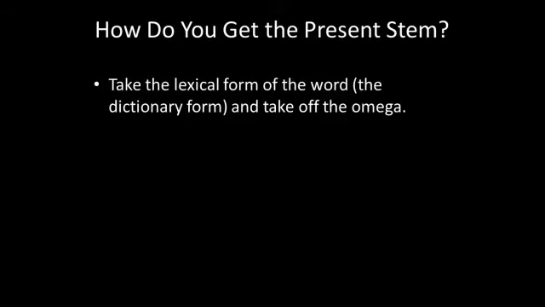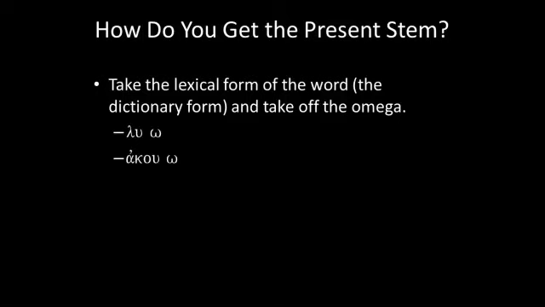That's the form you look up in a dictionary, the form you look up in a lexicon, or the vocab form, the form you look up in your vocab list or at the back of the book. So you take that form for these verbs and you chop off the omega, and what you have is the present stem. So for example, luo, if we chopped off the omega, we would be left simply with lu.